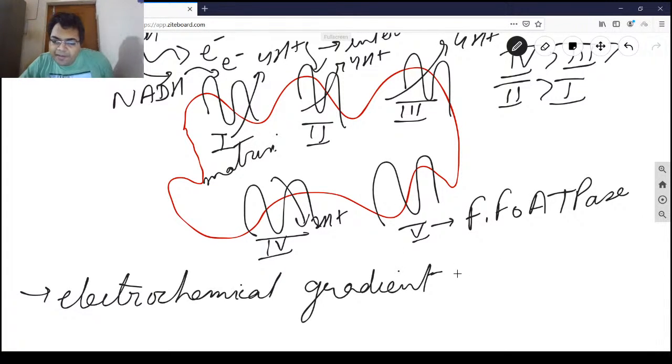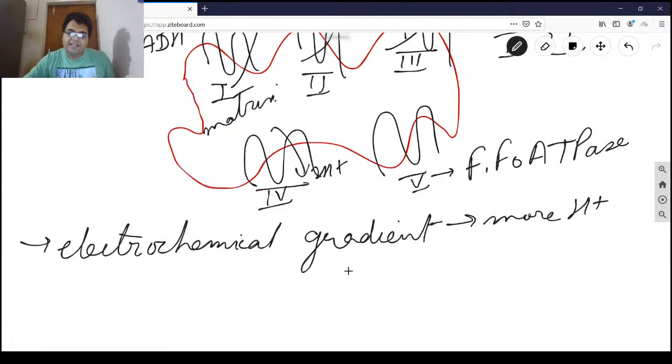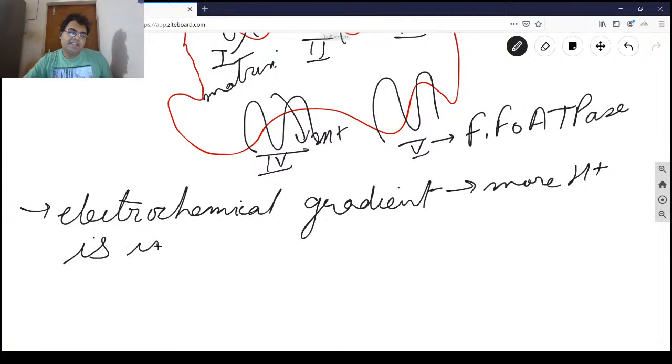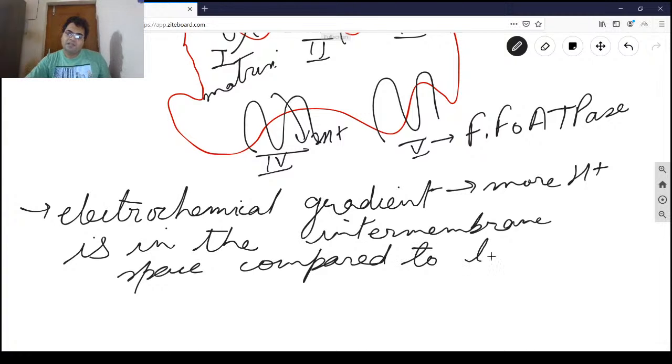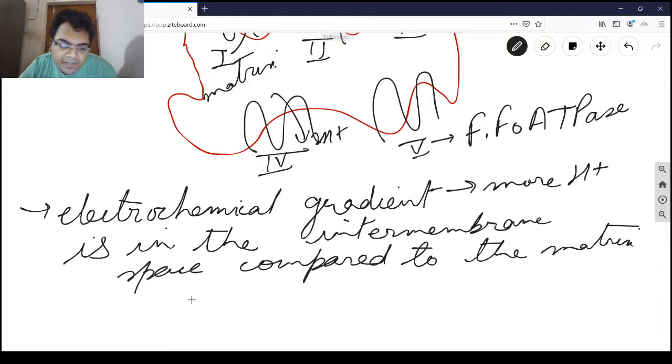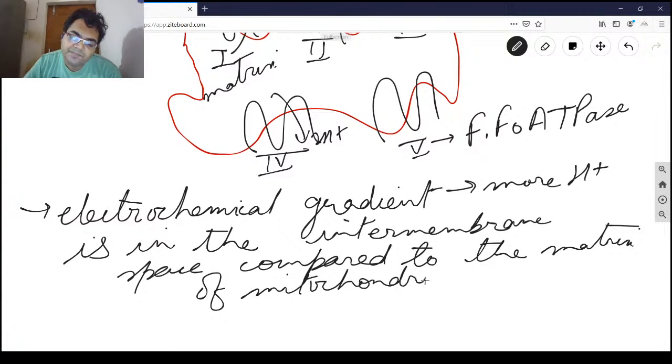So more H plus is in the intermembrane space compared to the matrix of the mitochondrion. That is theory number 1.